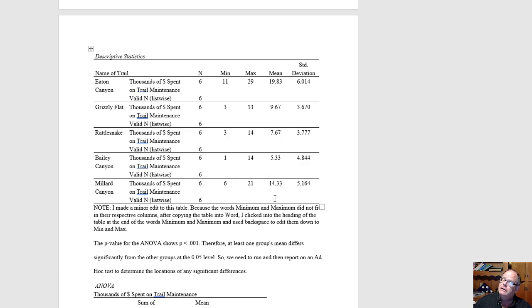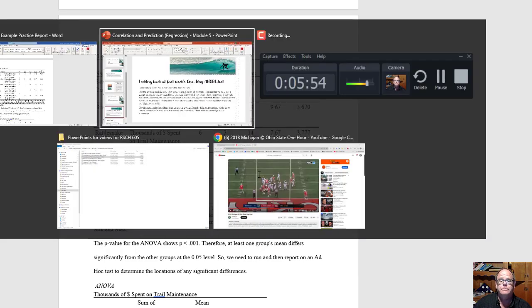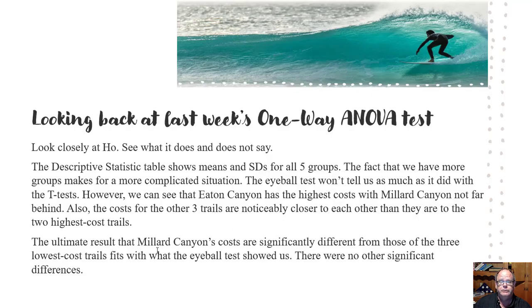Now, it's not going to tell you exactly what's coming, but it's going to give you a sense of the possibilities. All right? The ultimate result, that Eaton Canyon's costs are significantly different from those of the three lowest trails, fits with what the eyeball test showed us. There were no other significant differences.